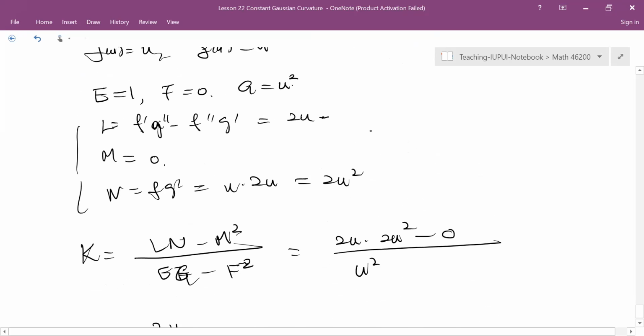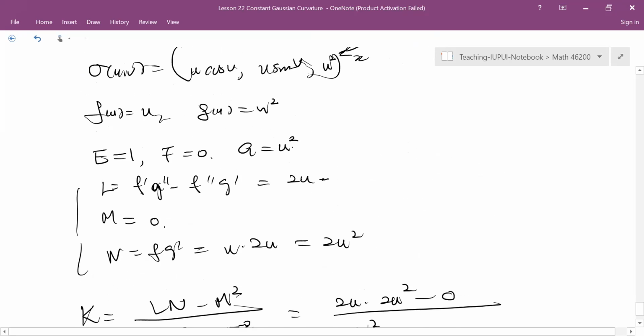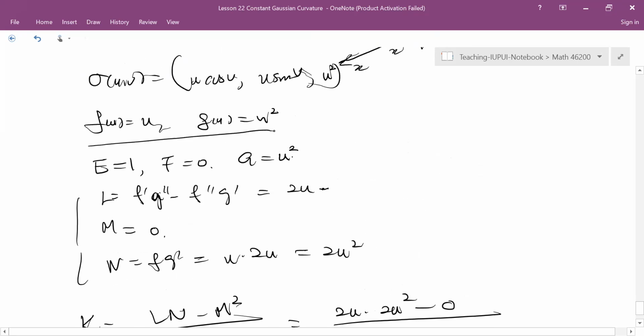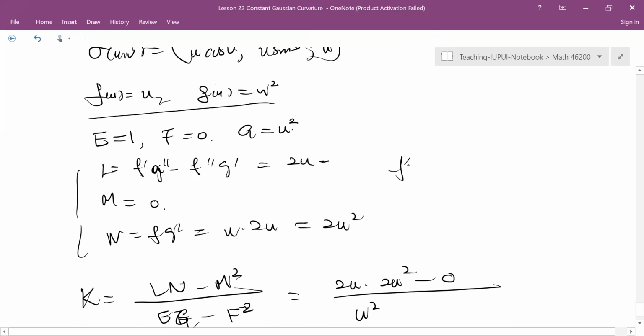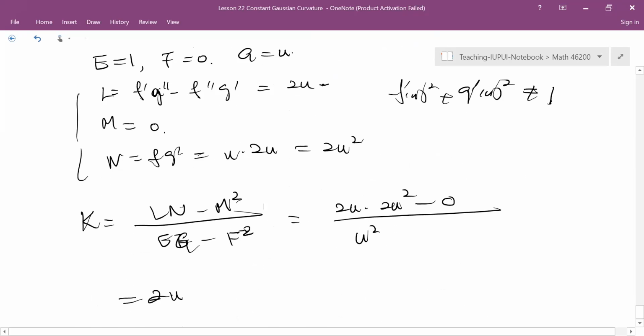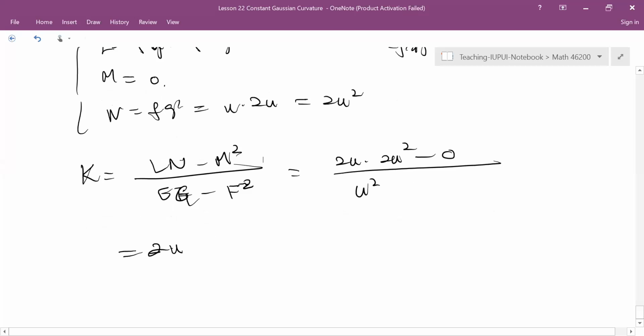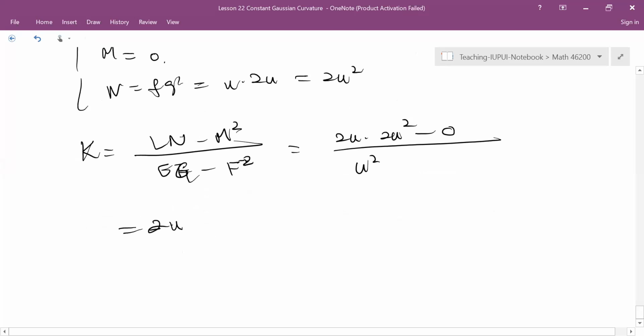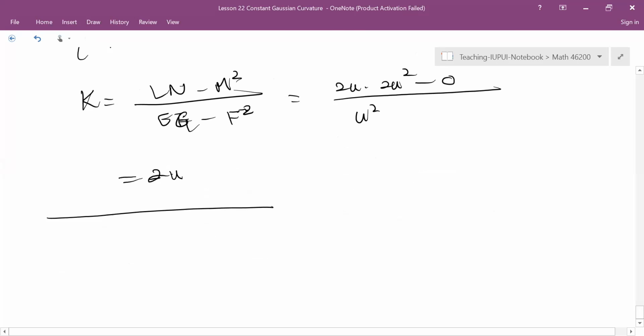If you just quote the theorem without checking the condition, f prime squared plus g prime squared is not going to be 1. So if you use that formula, you end up with 2u, which is not the Gaussian curvature. What we can get for the Gaussian curvature is to use the original function, z equals x squared plus y squared, as a graph.